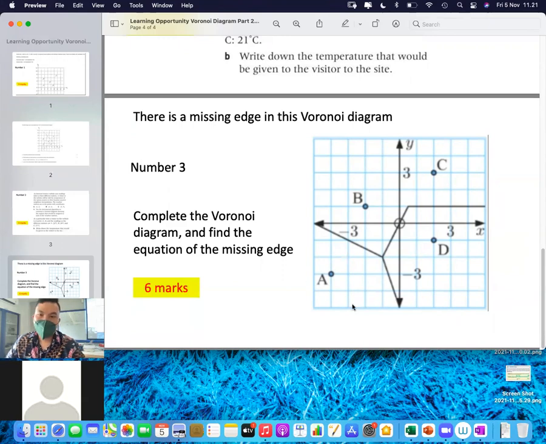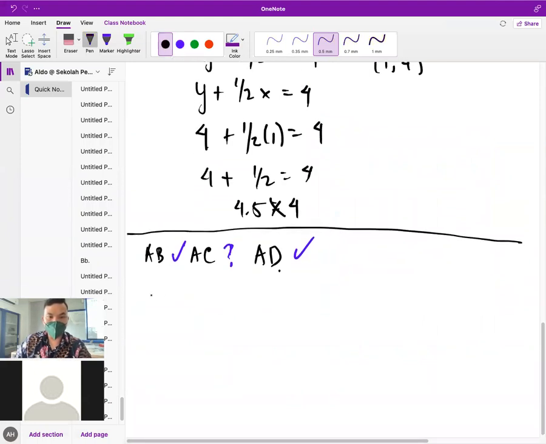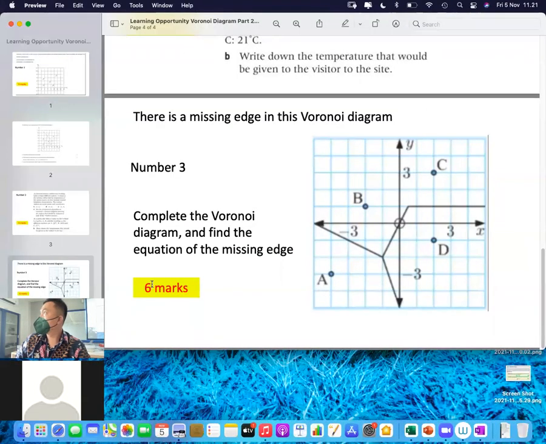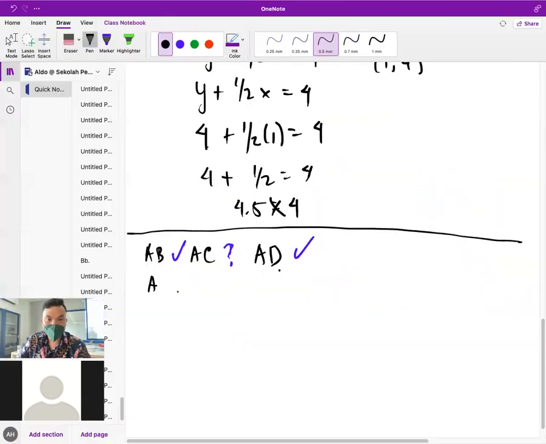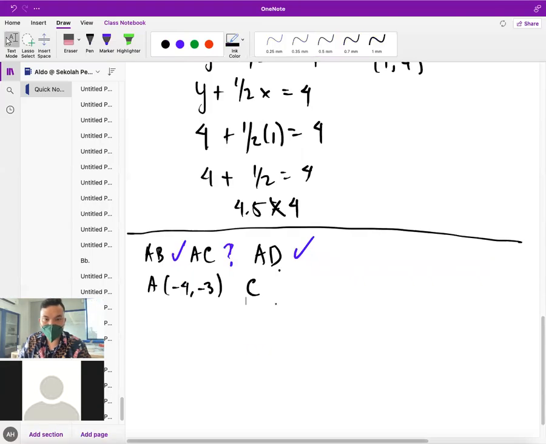Okay, so we need to find AC. Here A has coordinates (-4, -3) and C is (2, 3).